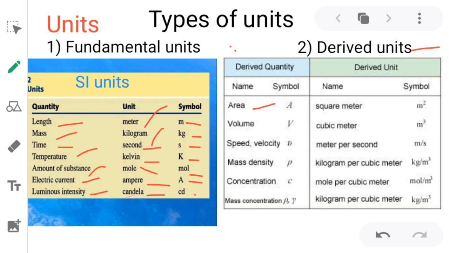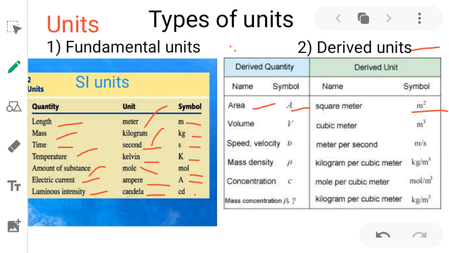Capital A is the symbol. For the unit of area, we usually take meter square, foot square, centimeter square, like that. But the standard unit for area is square meter, that is m squared. Why is area considered a derived unit?